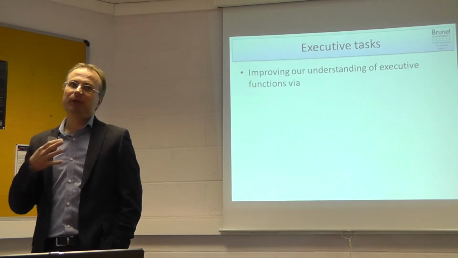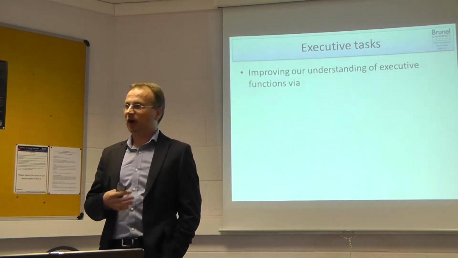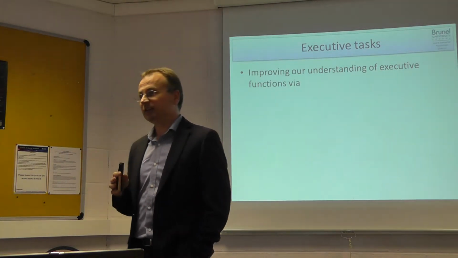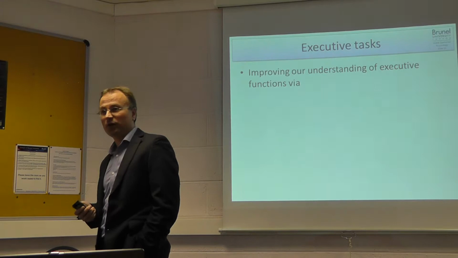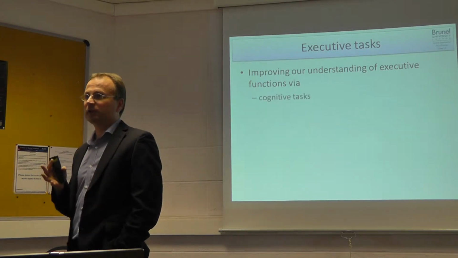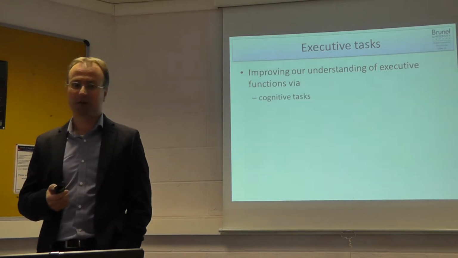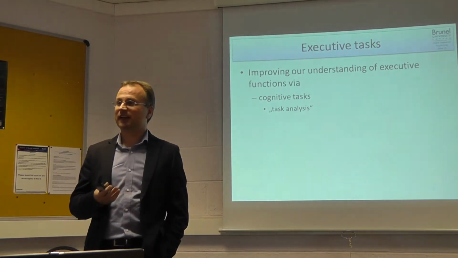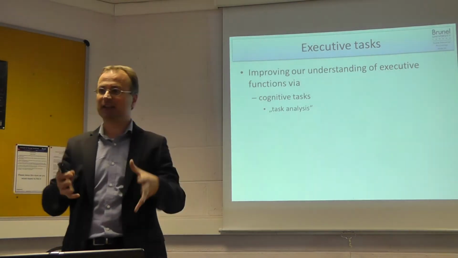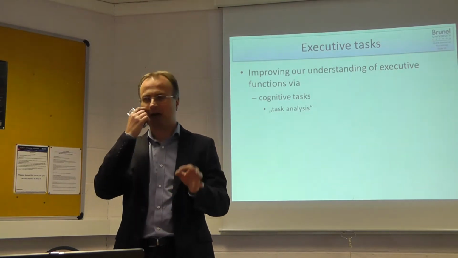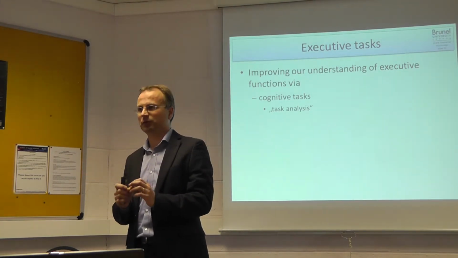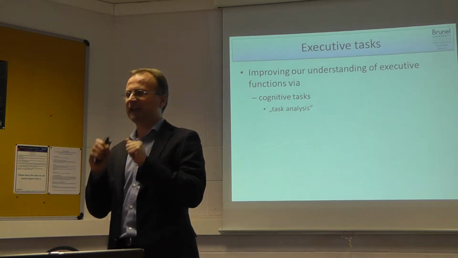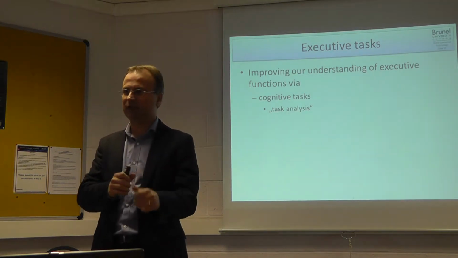When we want to improve our understanding of executive functions, we can do this in different ways. One way would be to have a very close look at the cognitive tasks we are using, a task analysis. We take a task, let's say the Stroop task, and we look at what exactly is required when I have to do the task. For instance, I may have to inhibit the tendency to read the word.